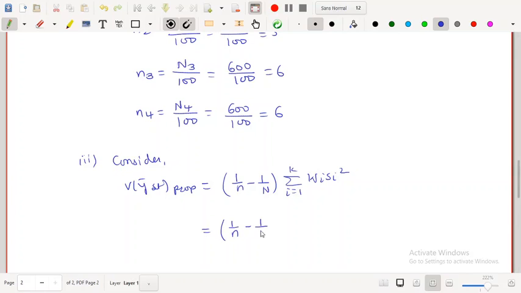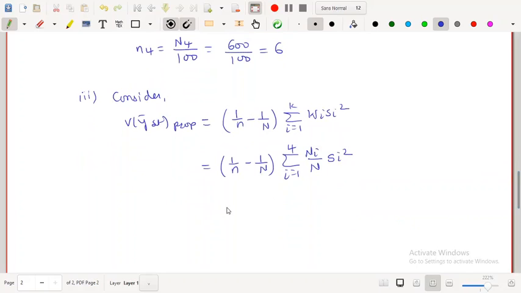Here it is 1 upon n minus 1 upon N, summation i running from 1 to 4, Wi is actually Ni upon N, into Si square. Ni is given, we know N, and Si is also given.